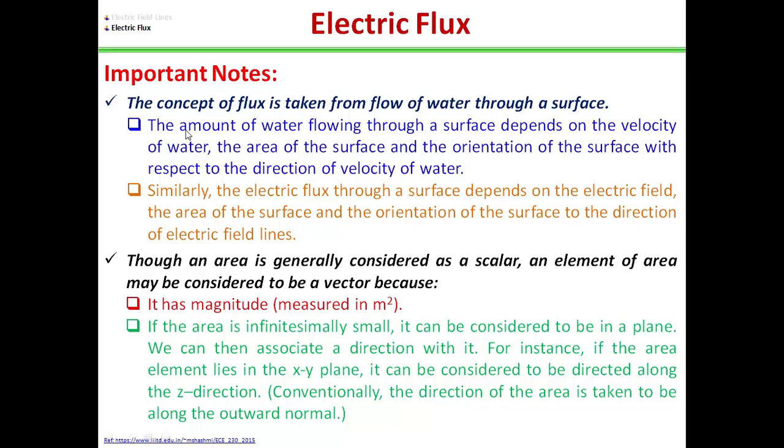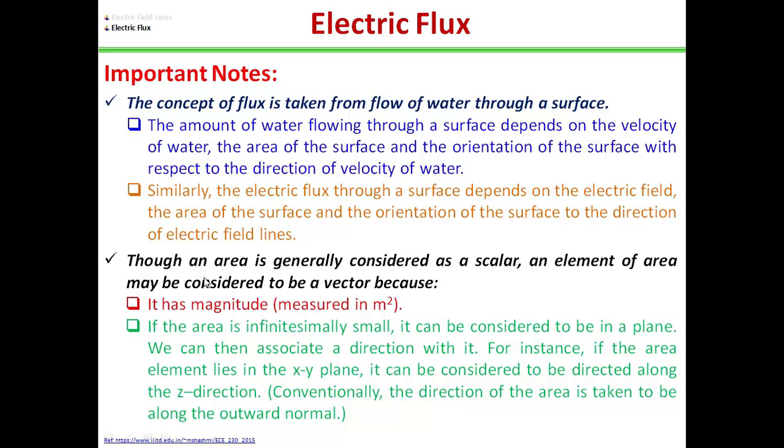In this, the amount of water flowing through a surface depends on the velocity of water, the area of the surface, and the orientation of the surface with respect to the direction of the velocity of water. Similarly, the electric flux through a surface depends on the electric field lines, the area of the surface, and the orientation of the surface to the direction of electric field lines.